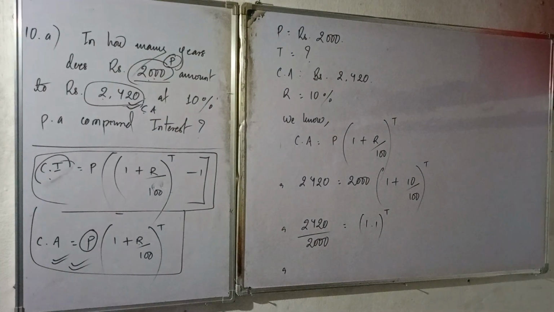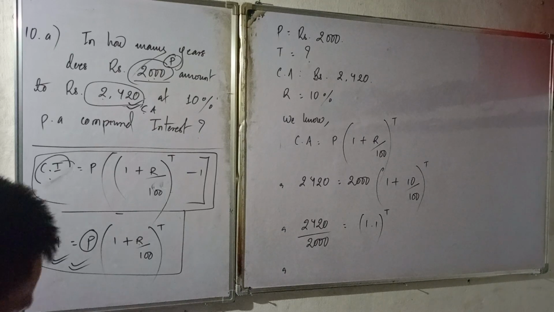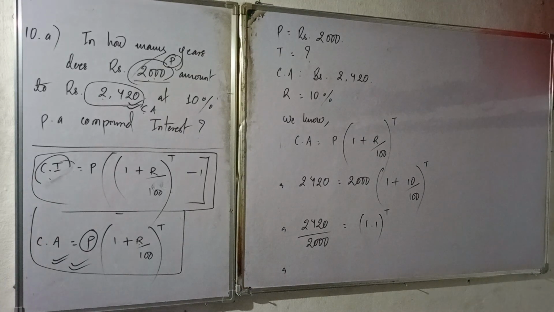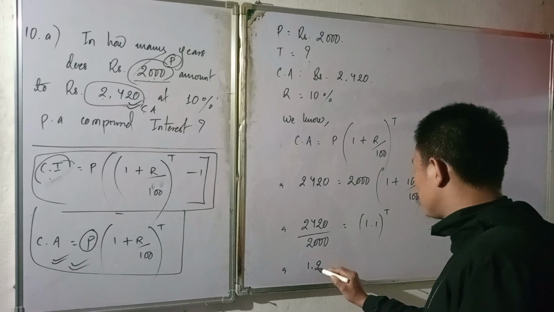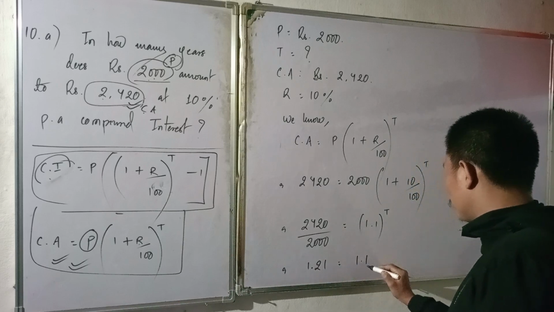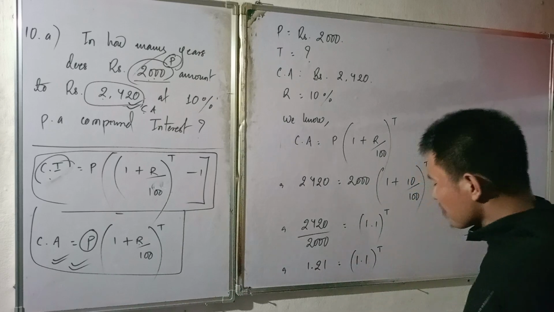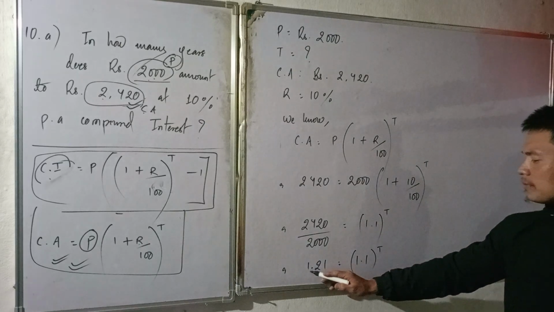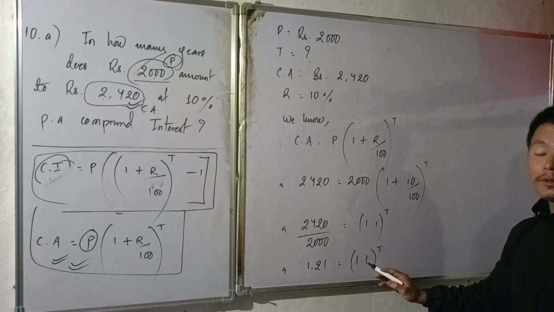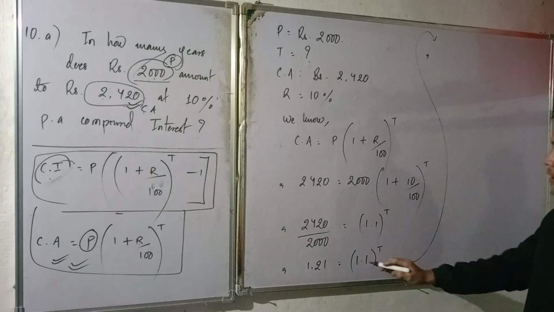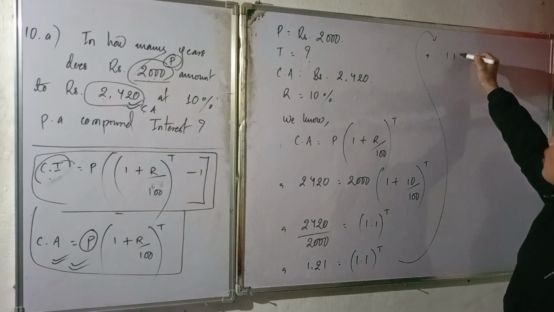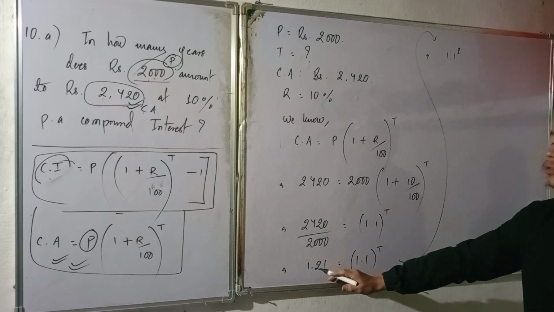So 1.21 equals 1.1 power T. Now you have to bring this in power of 1.1. When you use the calculator, 1.1 square will give 1.21.